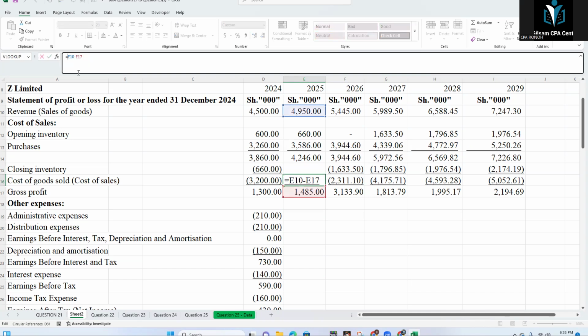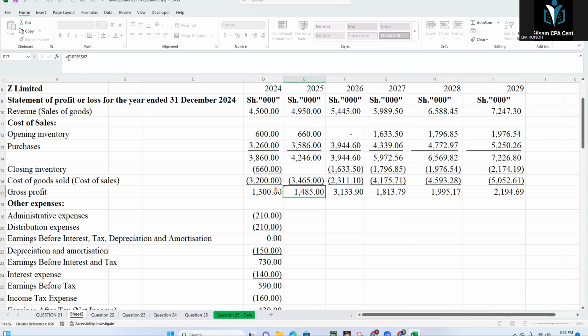Let's put the bracket and start with the negative. So that is our total cost of sales. If we add this plus whatever we have here, we should have this. So this plus that gives us the closing stocks.